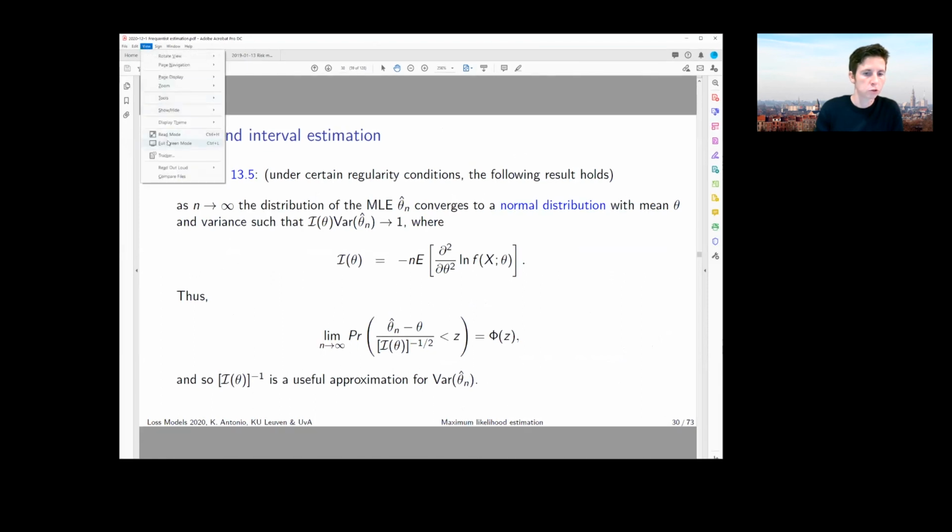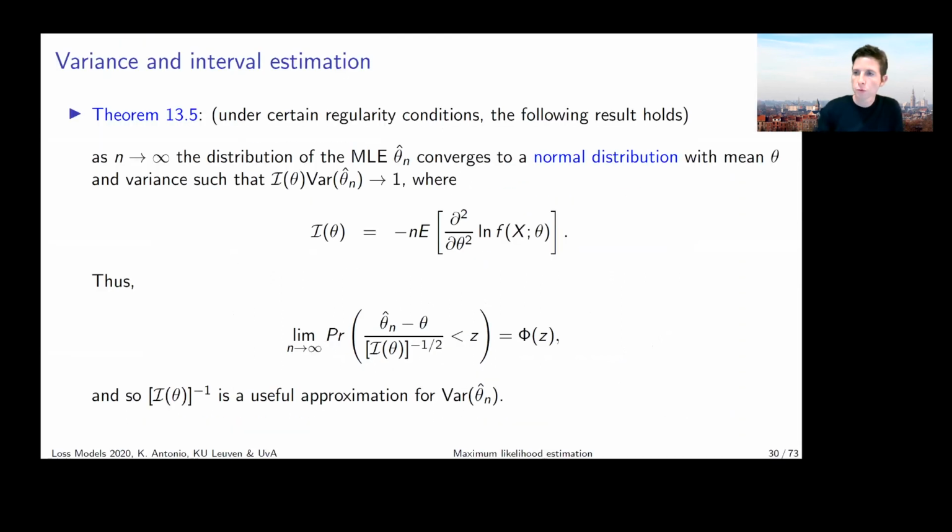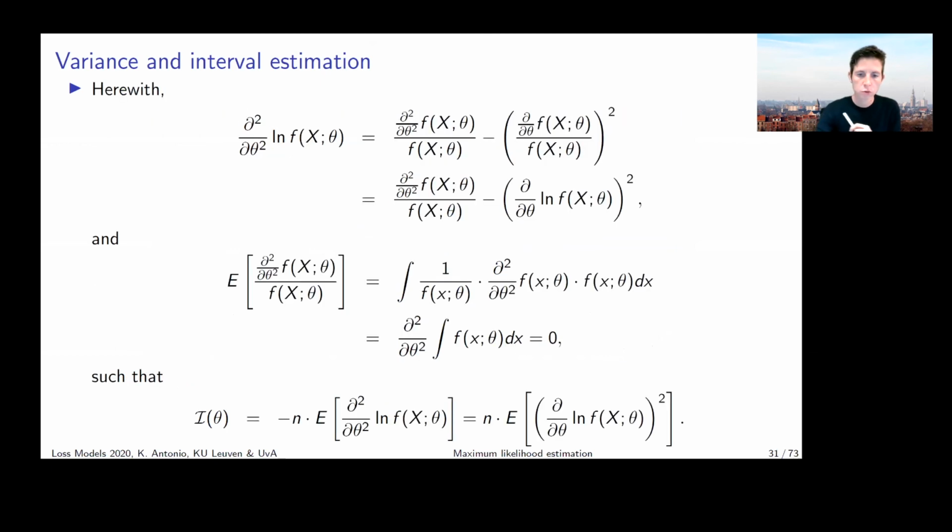So if I return to the sheets, do keep in mind, this is the reason we're doing it for, because we want to get our grip on the variance of the maximum likelihood estimator. Then we need the inverse of the Fisher information matrix. And we derived two representations for this Fisher information matrix. So this is what we did on the iPad.